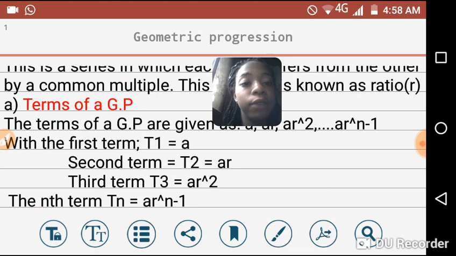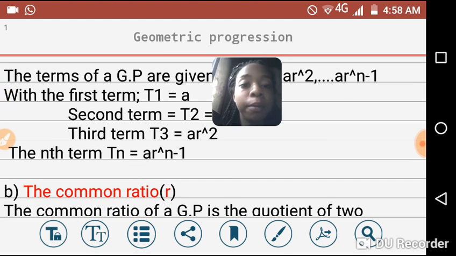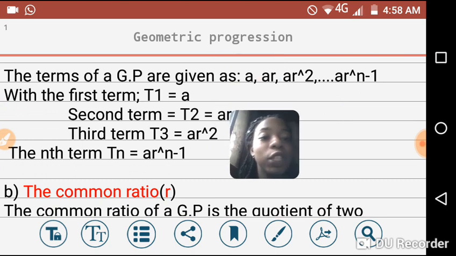Third term, T3 is equal to AR to the power 2. The nth term, Tn, is equal to AR to the power n minus 1. Now that is just a series of formulas for you to be able to understand. Just follow me as I continue explaining.